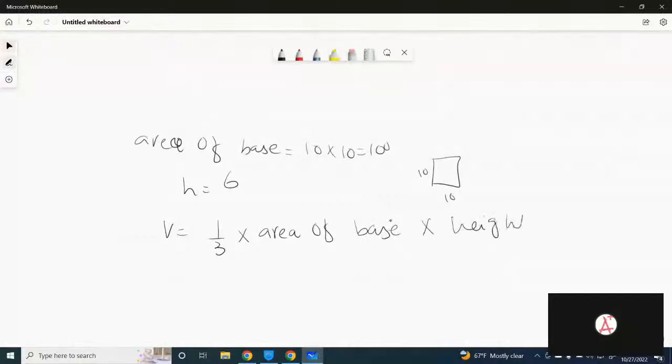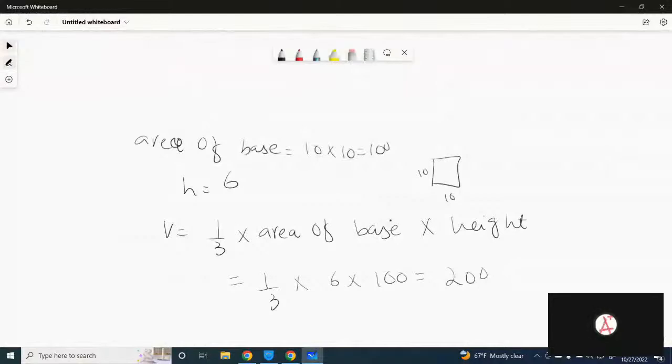Got it? That is the formula for the rectangular pyramid. Height is 6 and the area of the rectangular base is 100. So it would be 600 divided by 3 is 200. So the volume of the rectangular pyramid is 200. Just select the correct option and click on the OK button.